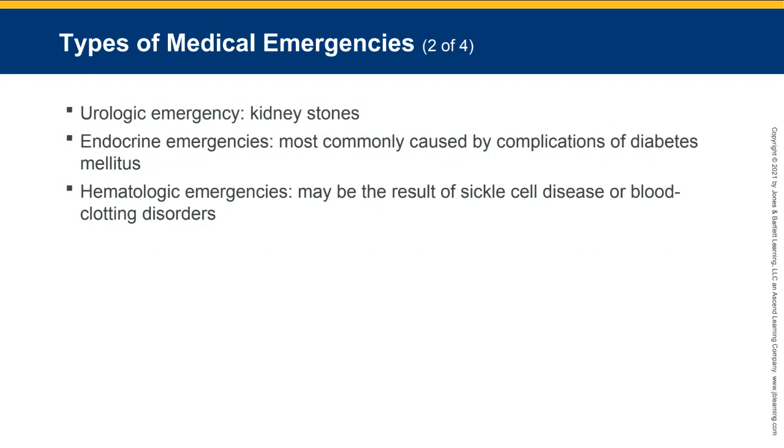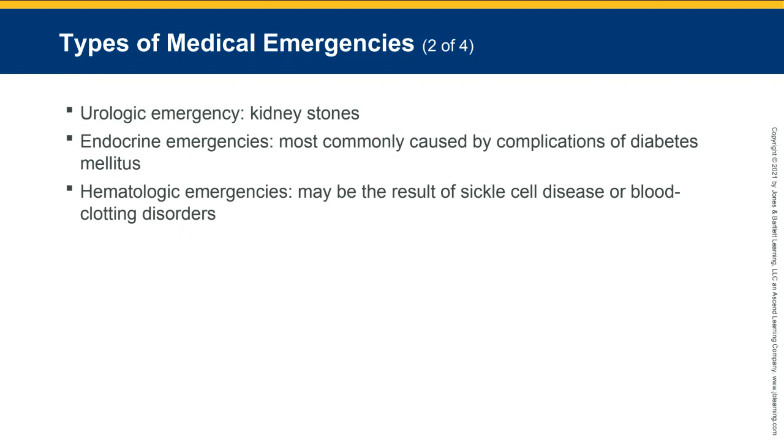We will look at urologic emergencies, for example, kidney stones. We'll go into details with that when we come across that chapter. Endocrine emergencies, most commonly caused by complications of diabetes mellitus.